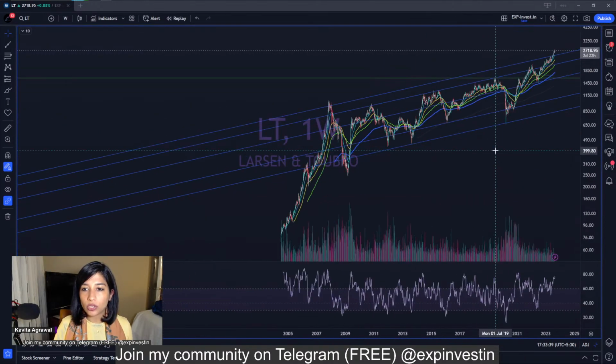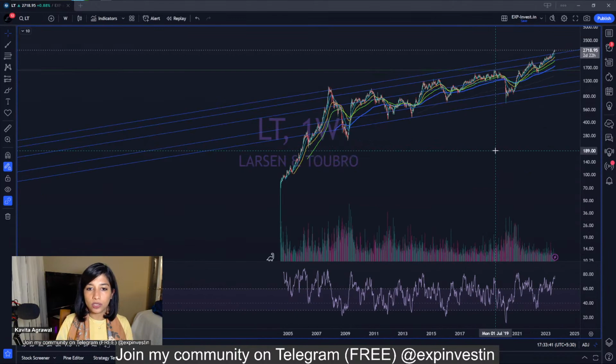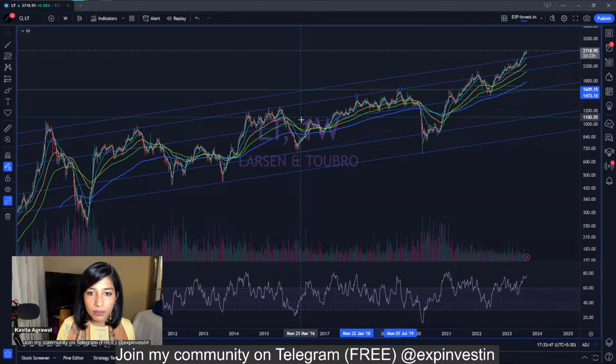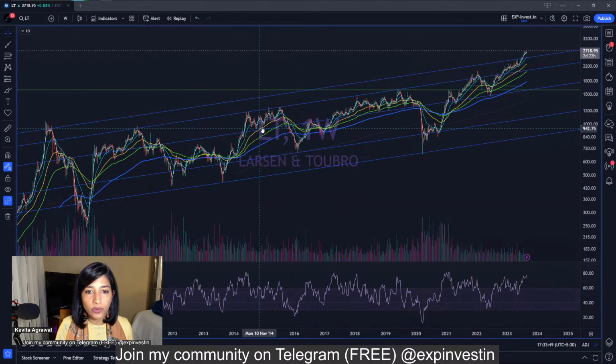On L&T also, you can see that I have drawn my trend lines the way that I just explained, by drawing this top trend line and basically cloning it. And here again, you can see how beautifully key tops and key bottoms have been captured within these trend lines. It's okay if a little bit of the price goes outside the trend lines. Don't worry about it.